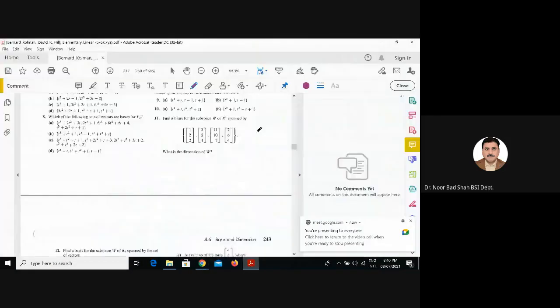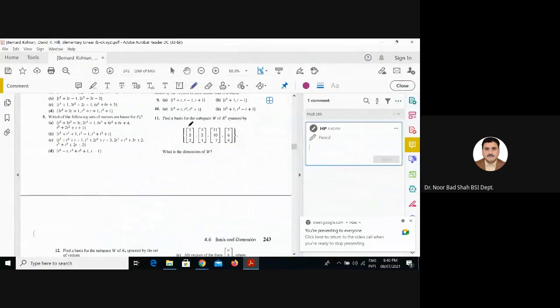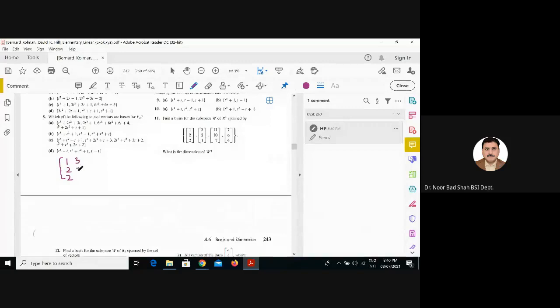Right. So how do we do that in question 11? If you remember, I told you if you are given a spanning set and you want to check whether it is a vector space or not, we simply put all these vectors as columns: 1 2 2, 3 2 1, 11 10 7, 7 6 4.